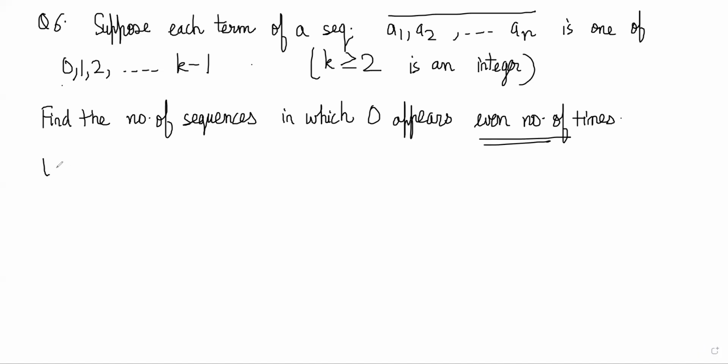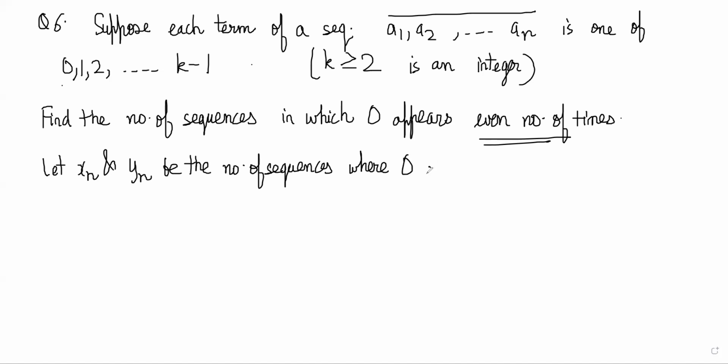And each term of this n term sequence can be anything from 0 to k minus 1. So we will say let x of n and y of n be the number of sequences where 0 appears even times and odd times respectively.